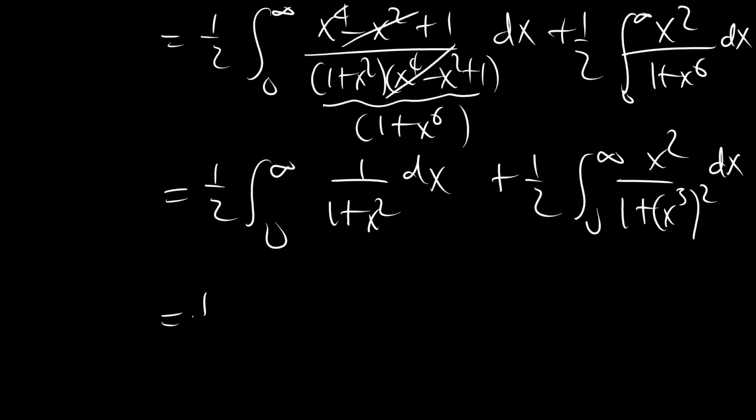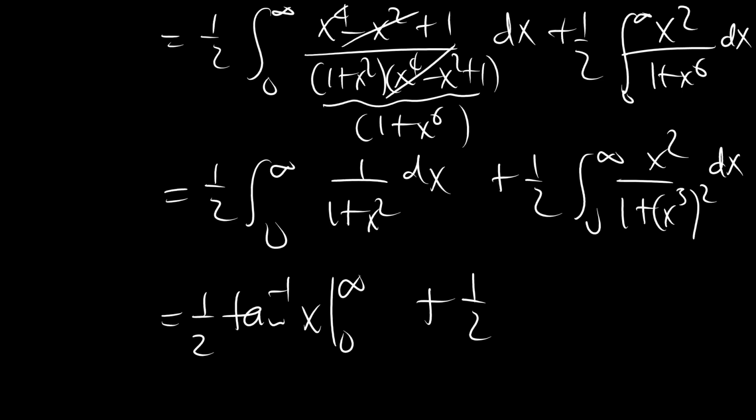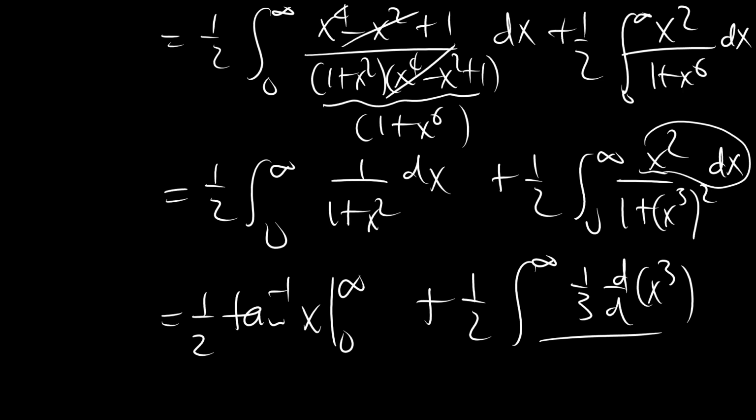So this here is the same as a half arctangent of x from 0 to infinity, plus a half times the integral from 0 to infinity, and this here is the same as a third of the derivative of x cubed, right? And we can say that now we can replace this as u, and this is as u.